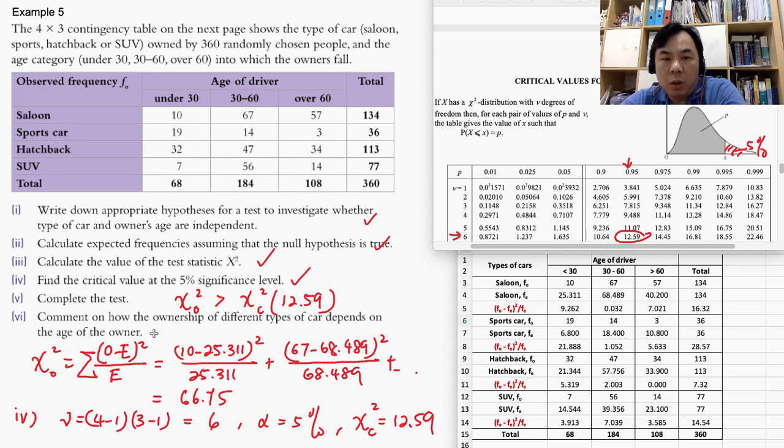Therefore, the ownership of different types of car is dependent on the age of the driver or the owner. Now I hope that is clear to you. That's our final example on how to use chi-square with a contingency table.